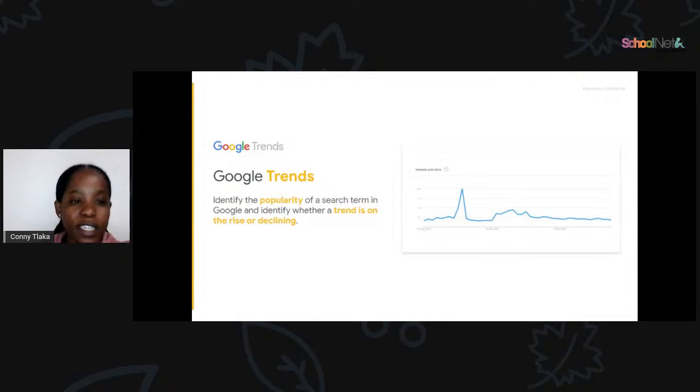Moving to Google Trends. With Google Trends, you can identify the popularity of a search term in Google and whether a trend is on the rise or declining. You can also find demographic insights, related topics and related queries to help you better understand Google Trends.